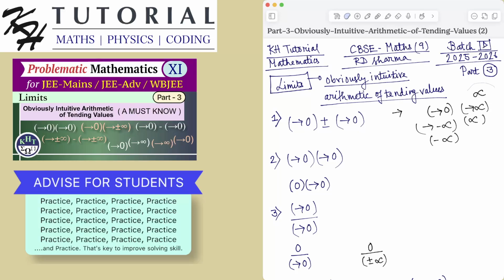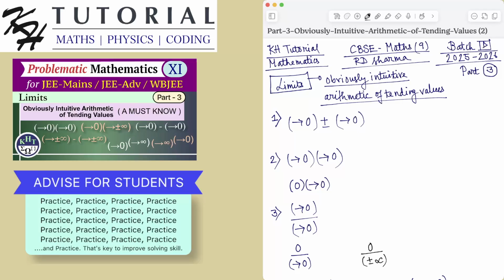Okay, now let's see the major and critical operations. The first is tending to 0, plus minus tending to 0. What will be the result? Will it be a value tending to something, or will it be an exact value?